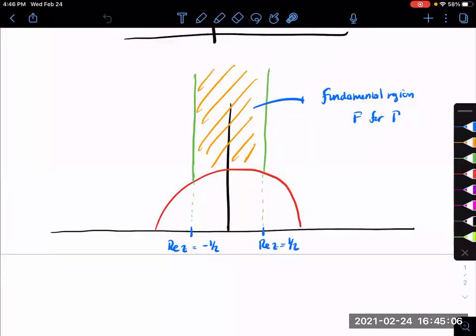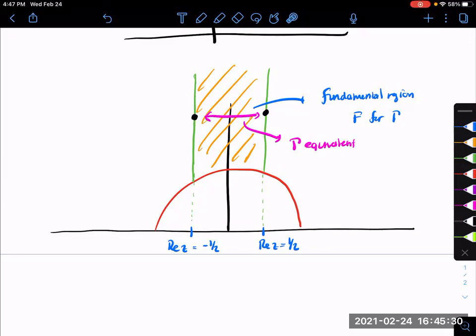What we're saying is points on the opposite sides of the green lines are gamma equivalent. And not only that, it was an if and only if, right? So all pairs of points on the opposite sides are capital gamma equivalent.